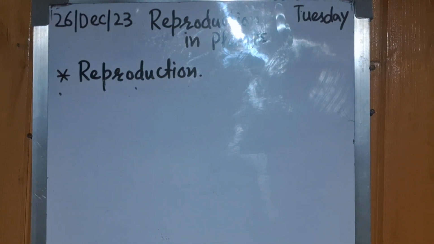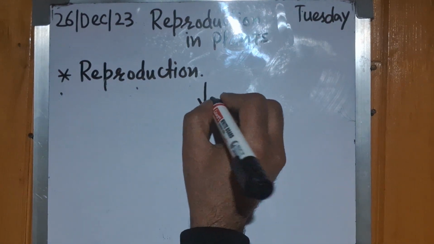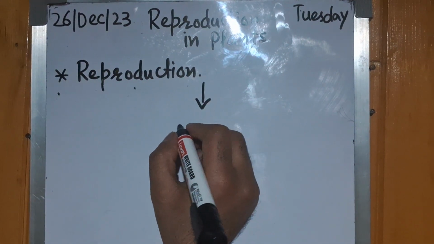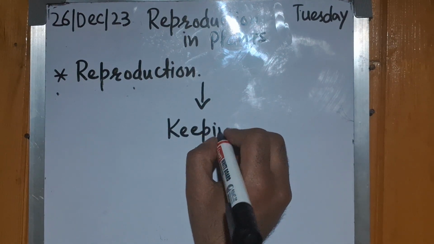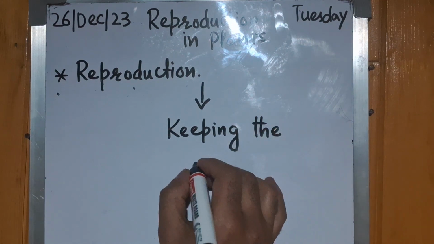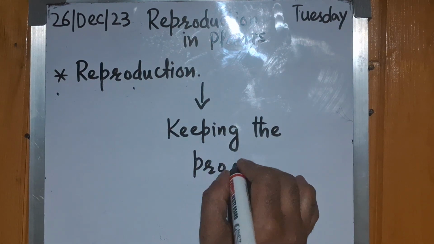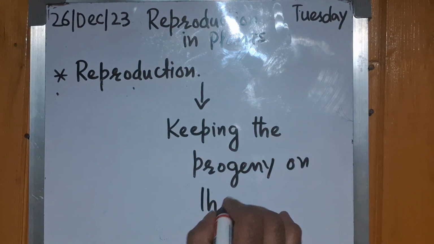This reproduction helps in keeping the progeny on the path of continuity.